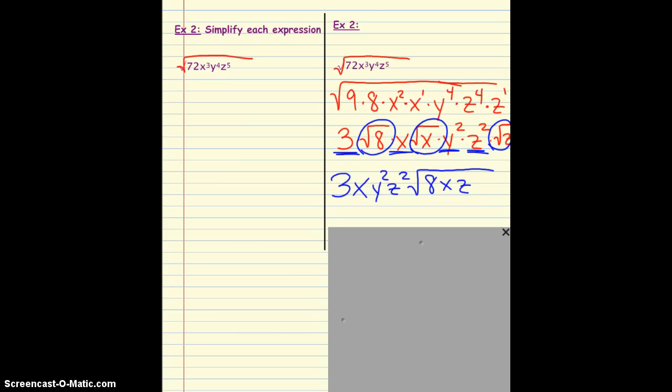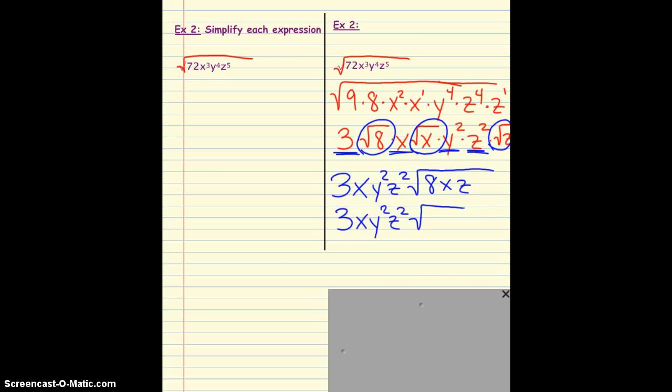Now, taking a look at that square root of 8, we can actually break that down into a number that is a perfect square. Let me copy this down again. We know that square root of 8 can be factored down into 4 times 2xz. That stays. And we know the square root of 4 is 2.